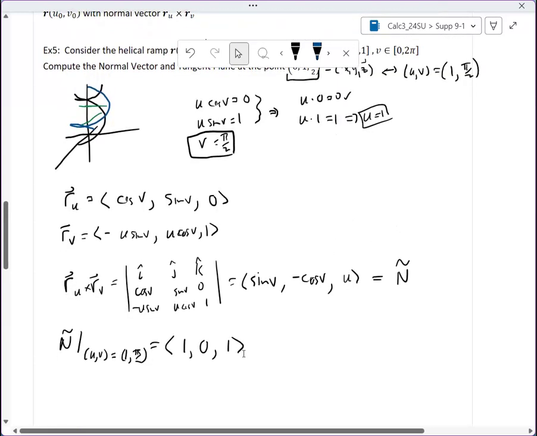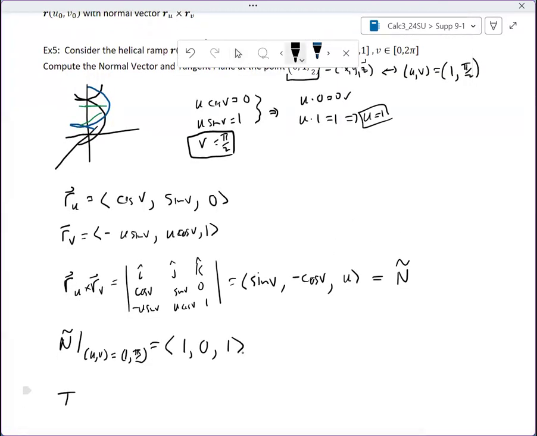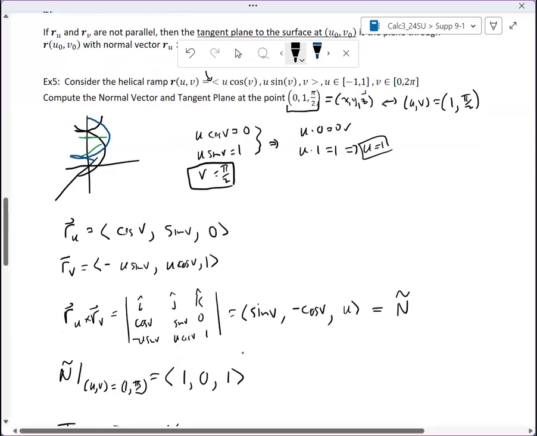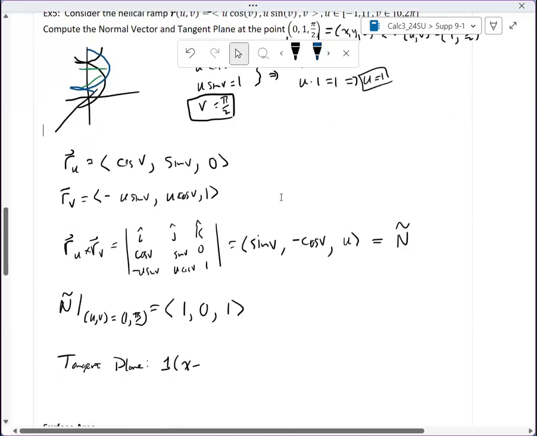So this is a normal vector to my tangent plane. And then my tangent plane, of course, well, it's going to be my x normal times x minus x naught, which is 0. So I'm going back to my x, y, z coordinates now.